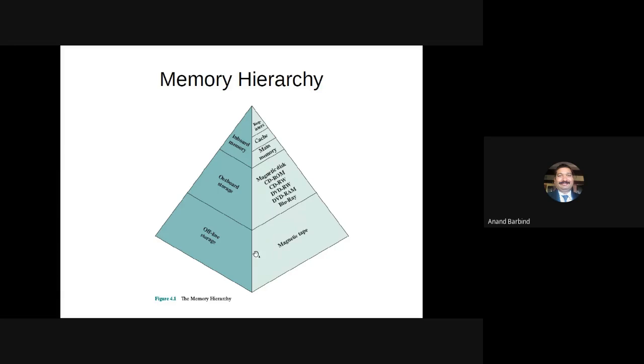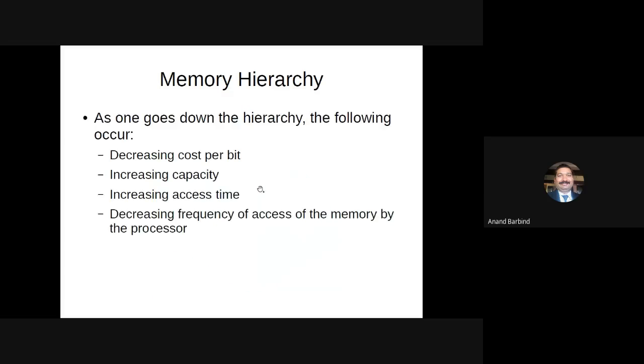The power consumption goes on decreasing as you go towards the bottom of this particular pyramid. You can see here written in the text form, as one goes down the hierarchy, the following occurs. Decreasing cost per bit, cost is going to decrease as you go towards the bottom of that pyramid. Increasing capacity.